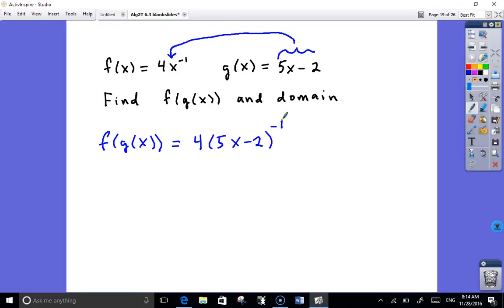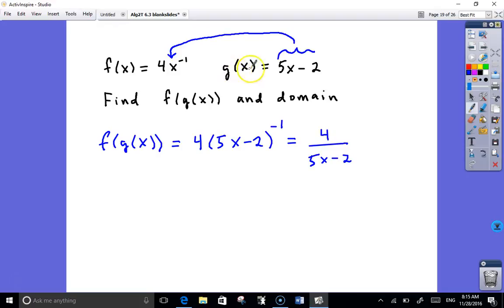All right, now how can I simplify that? What do we do with negative exponents? Flip. So that flips 5x minus 2.